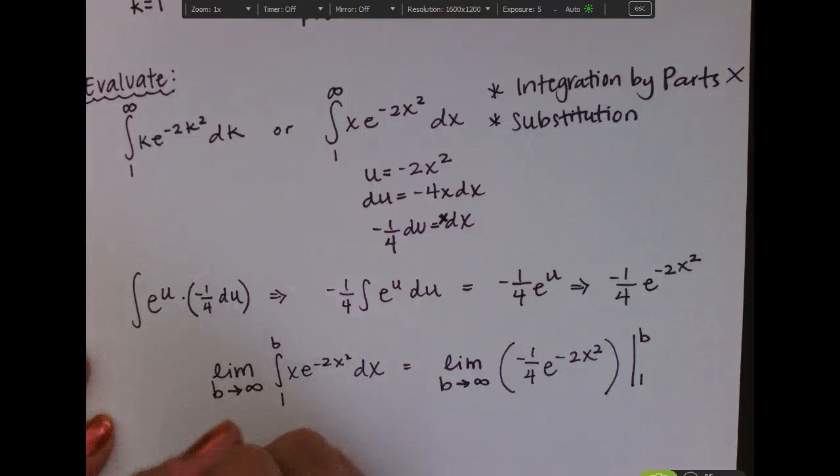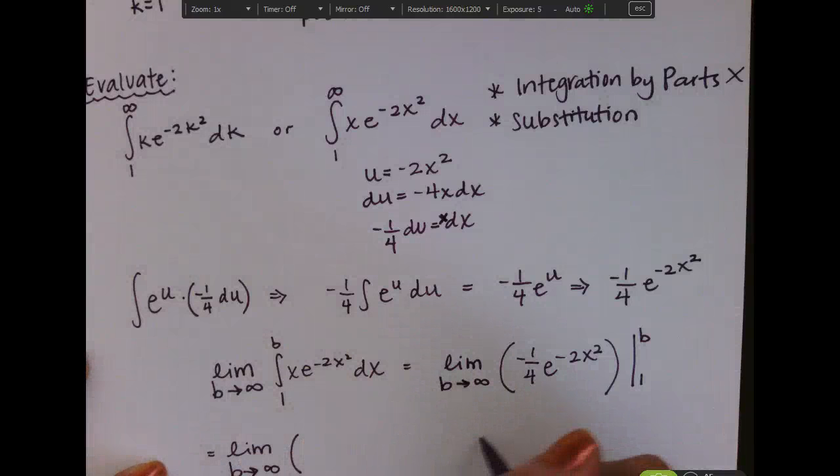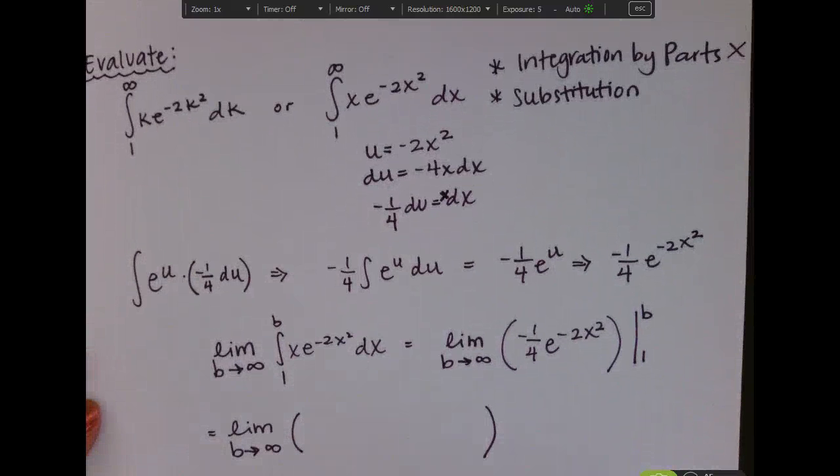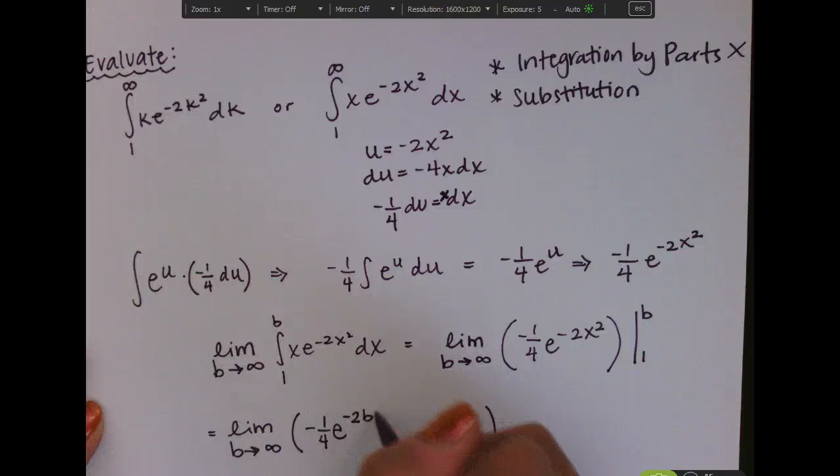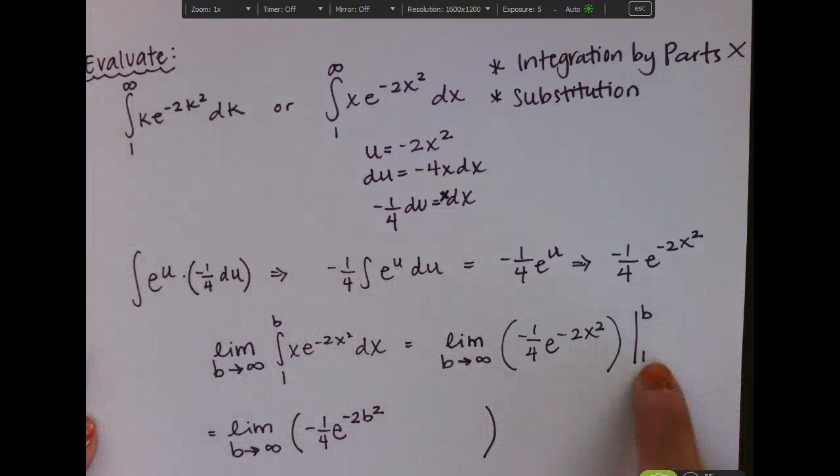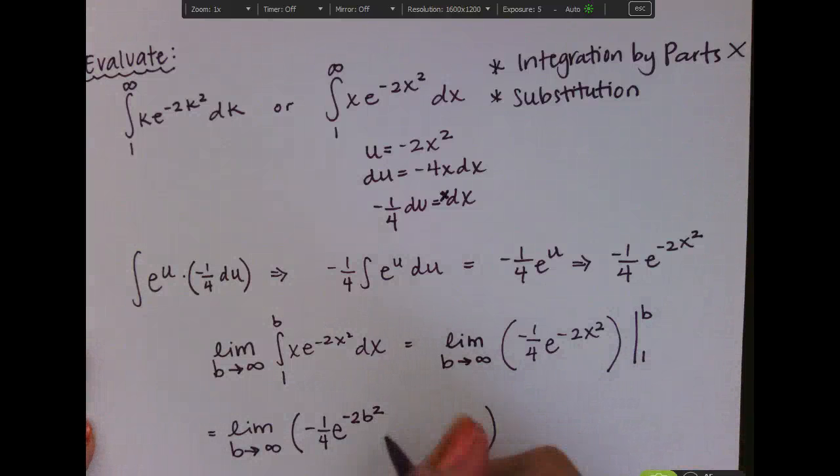Let's plug in our limits of integration and evaluate the limit. Okay, so if I plug in a b here, I'll get negative 1/4 e to the negative 2b squared. And if I plug in a 1, I'm going to get minus 1/4 e to the negative 2.